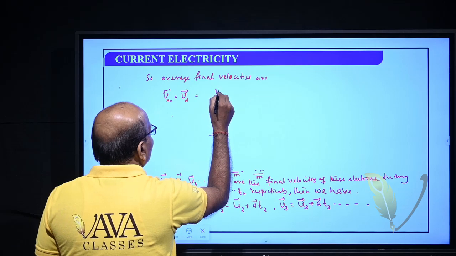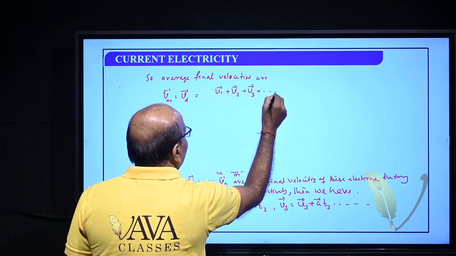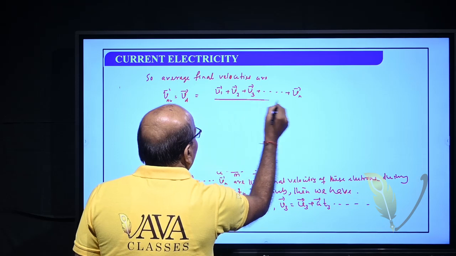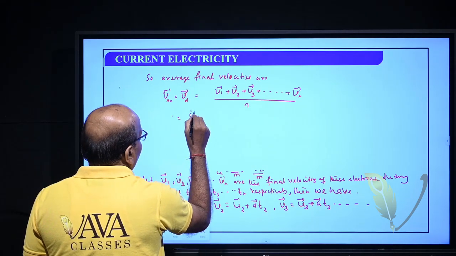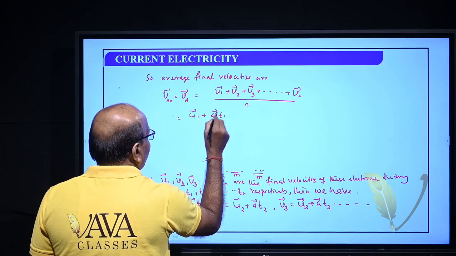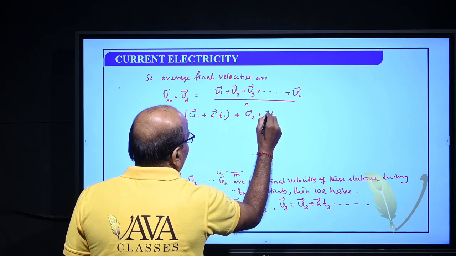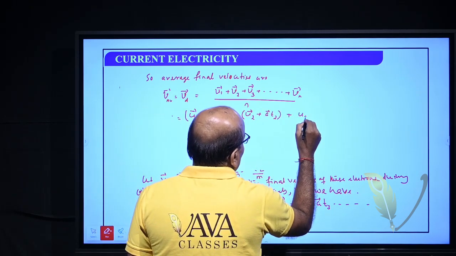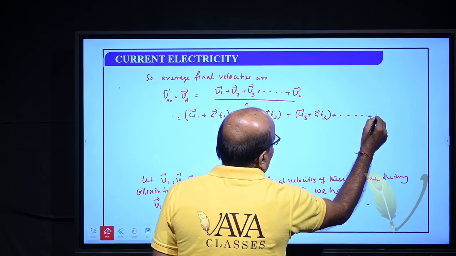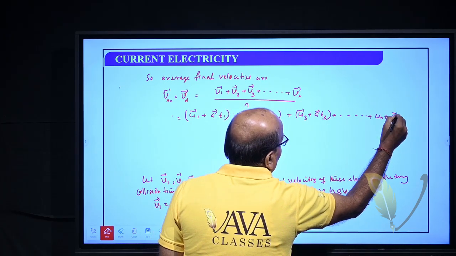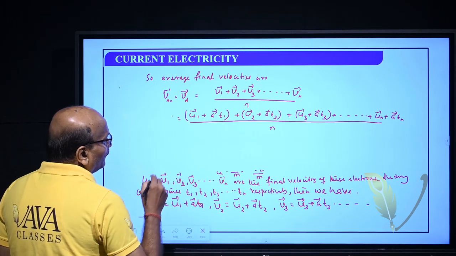So Vd is equal to (V1 + V2 + V3 + ... + Vn) divided by n, which implies we put the values: (U1 + A T1 + U2 + A T2 + U3 + A T3 and up to Un + A Tn) divided by n, where n is the number of collisions.